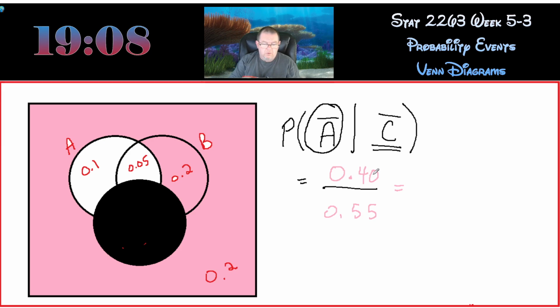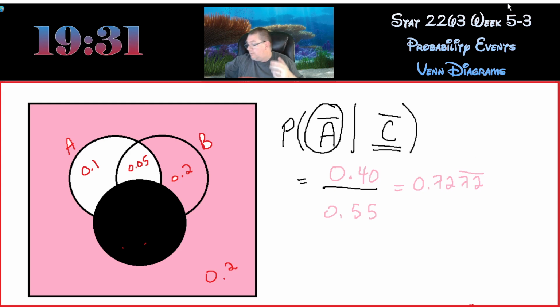But 0.4 divided by 0.55 is 0.72. And it's actually 0.7272 recurring. So it turns out that there's a 73% chance of being not in A if you're not in C. Okay? 0.4, 0.5, 0.55. Yep. So very good result that we see there.